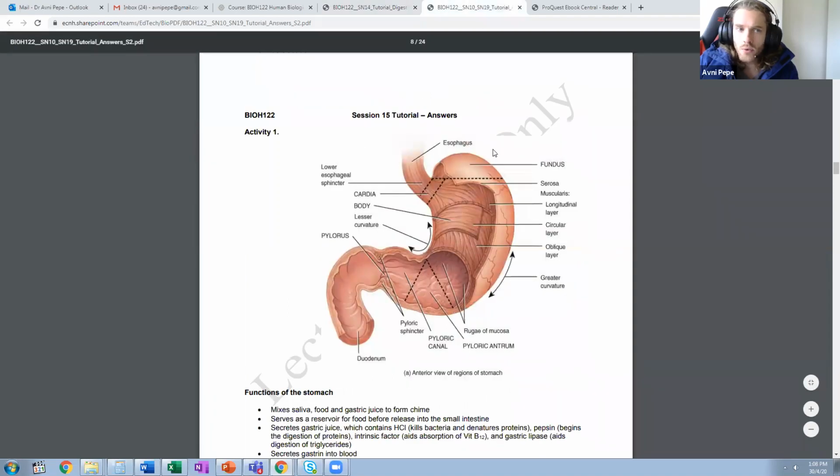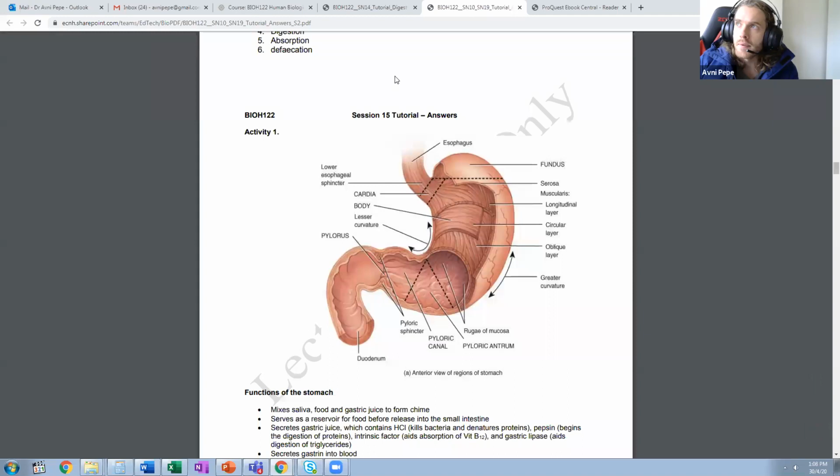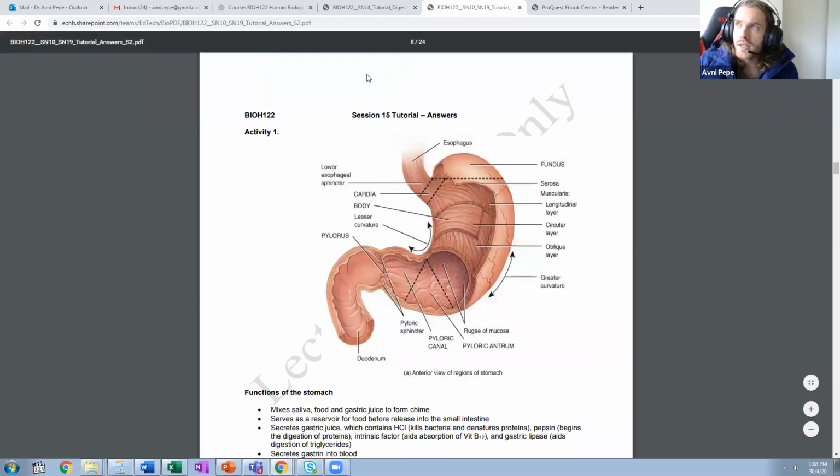Okay, so there's some of the key structures. The fundus will act as a bit of a storage area. In your mouth you actually produce something called lingual lipase and also amylase, lingual amylase. Amylase digests starch, lingual lipase will start to digest fats, but the mouth is quite a neutral pH.